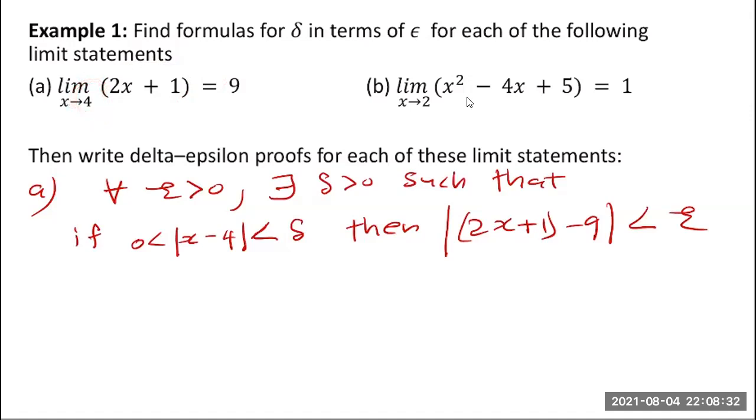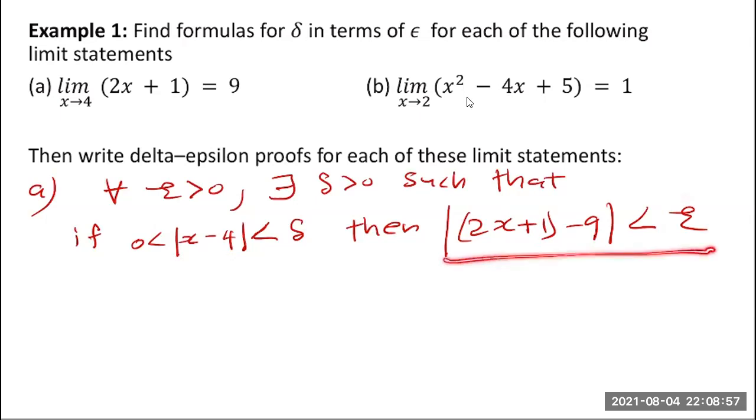So what do we need at the end of the day? We need to find delta in terms of epsilon, such that if the absolute value of x minus 4 is between 0 and delta, then the absolute value of f of x minus L, or 2x plus 1 minus 9, is less than epsilon. So to find delta, we start with this one.